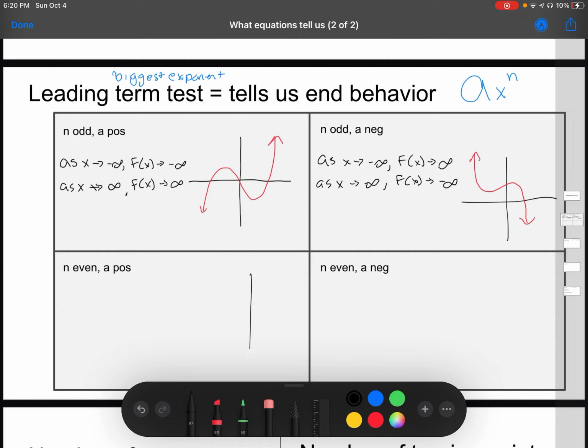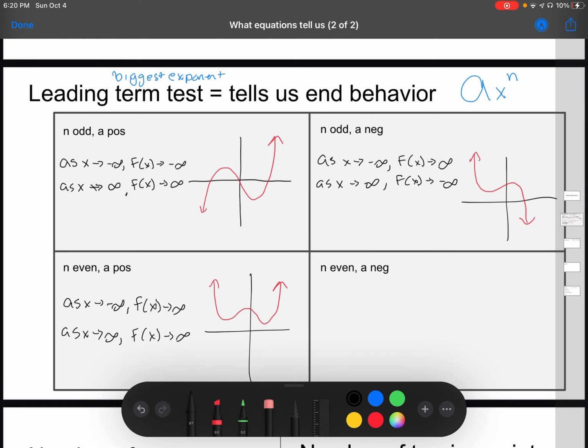Now we're going to do n is even. If n is even and a is positive, your ends will do this. They'll both go up. So even positive, they both go up. So as x approaches negative infinity, f of x approaches positive infinity, and as x approaches positive infinity, f of x approaches positive infinity.